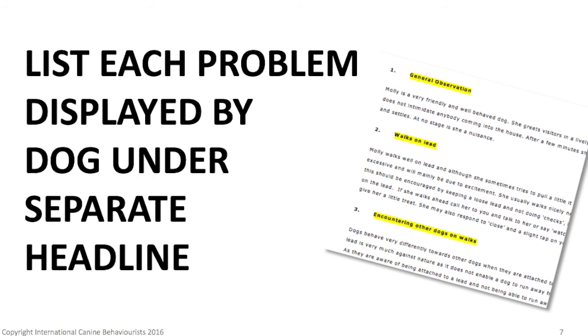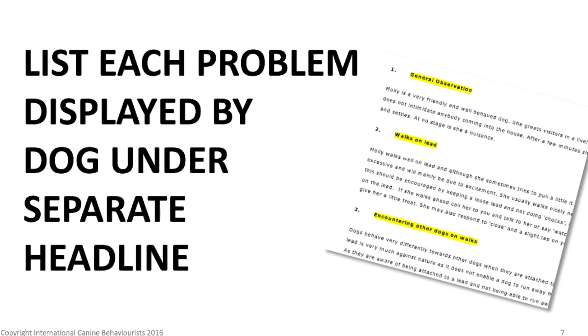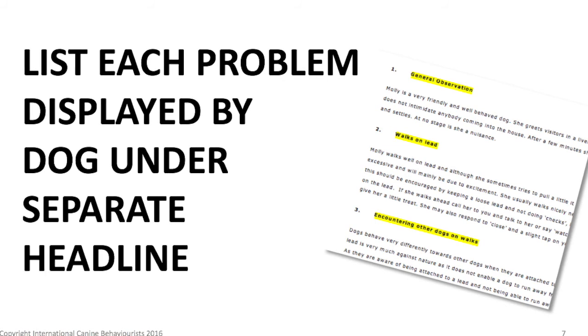And then you go down the list, what other problems there are. I don't want to go back to this piddling in the house, but it is just such an easy example. So urinating in the house, and you give your treatment plan for that.